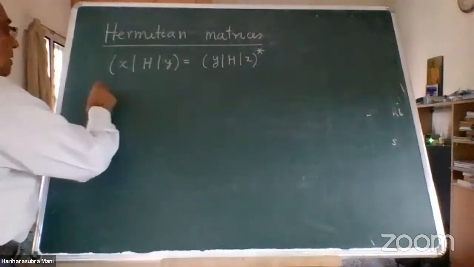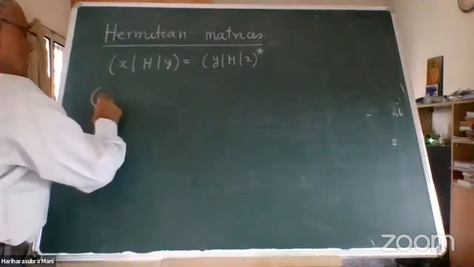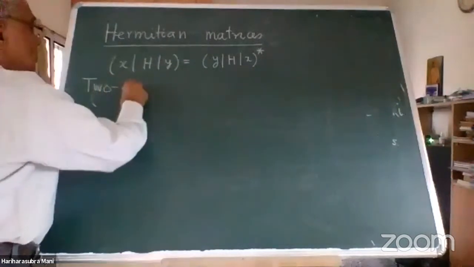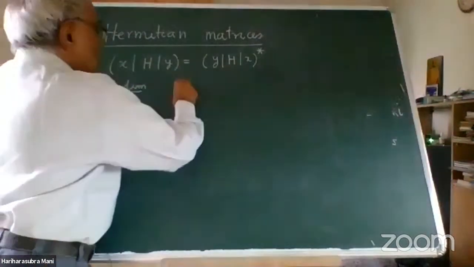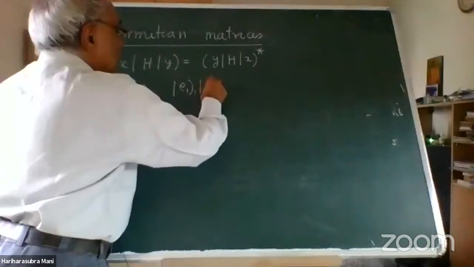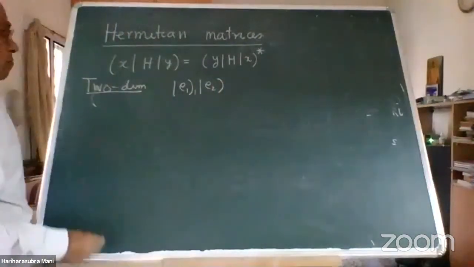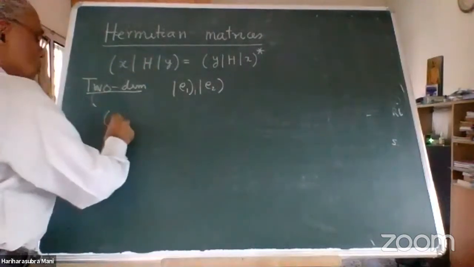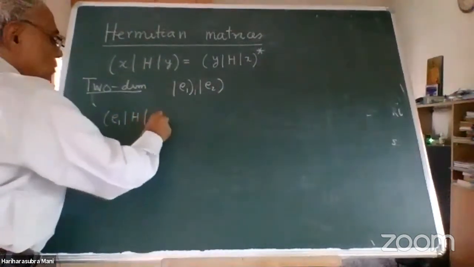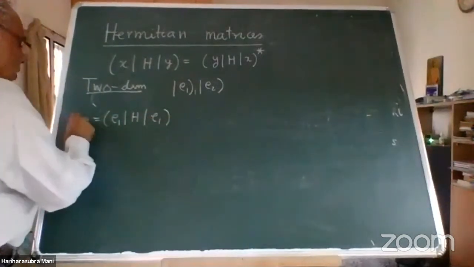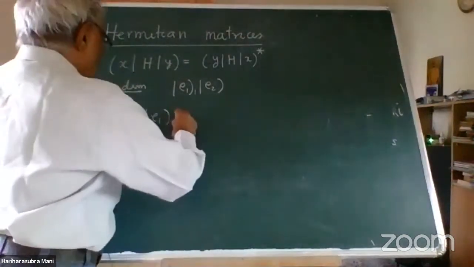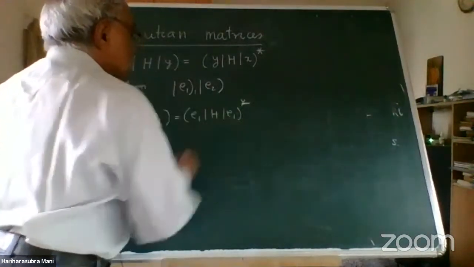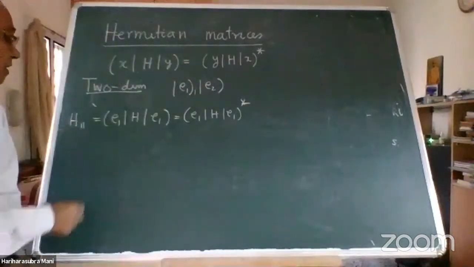So now let us look at the matrix. Say we have a two-dimensional space. I will concentrate on two dimensions right now. So E1, E2 forms the basis. So what can I write down for X and Y? The first one I will write is H11 equal to H11 star, which means H11 is real.